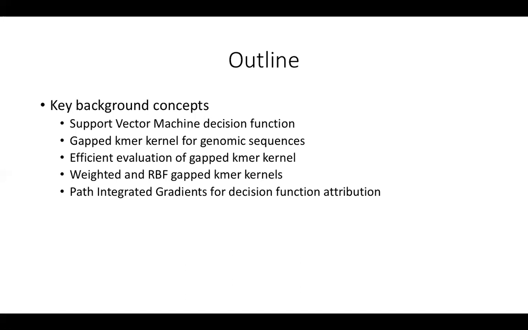Next, I'll cover the kernels commonly used for SVMs to specifically classify genomic sequences, and also how they are efficiently evaluated. Lastly, I'll explain the integrated gradients algorithm for decision function attribution. In the next video, we will get into the development and application of that algorithm to SVMs for genomic sequences.